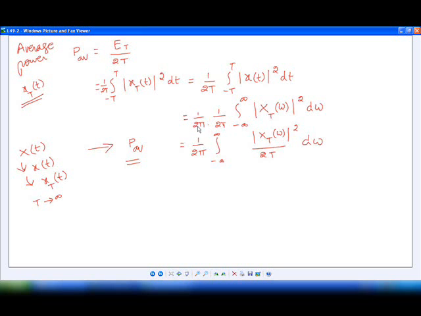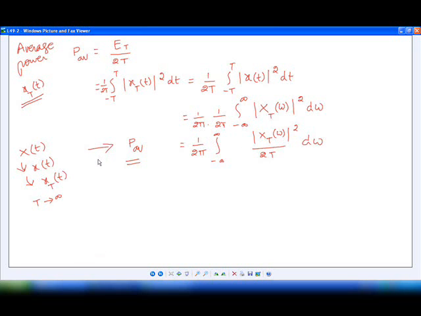Here, bringing this 1 by 2T inside, we can write this P average as 1 by 2 pi times the integral from minus infinity to plus infinity of mod X_T of omega whole square divided by 2T d omega. This is the average power of the function x_T of t, that is, the average power of x of t over the interval minus T to T.